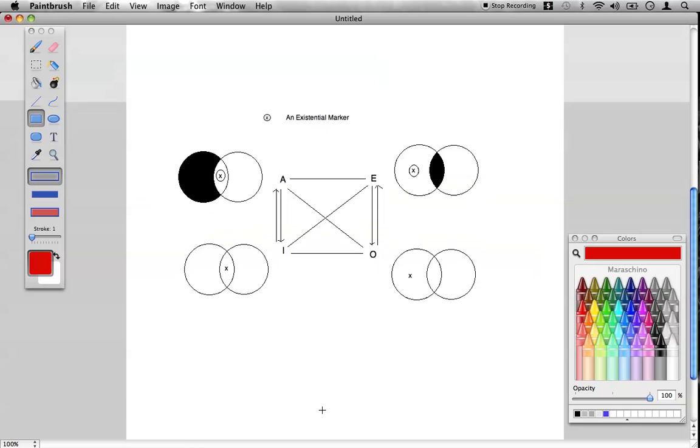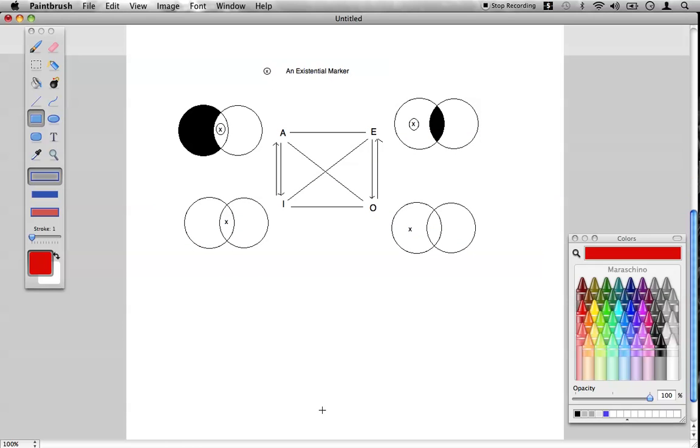And so what I've done here is I've shown you how the Venn diagrams change, because we have this existential marker, and we just place it into these upper universal statements. What this is saying is that all of the S's are P, and we can in fact assume that there actually are such things as S's. And likewise, no S are P, we could actually assume that there actually is such a thing as S's.